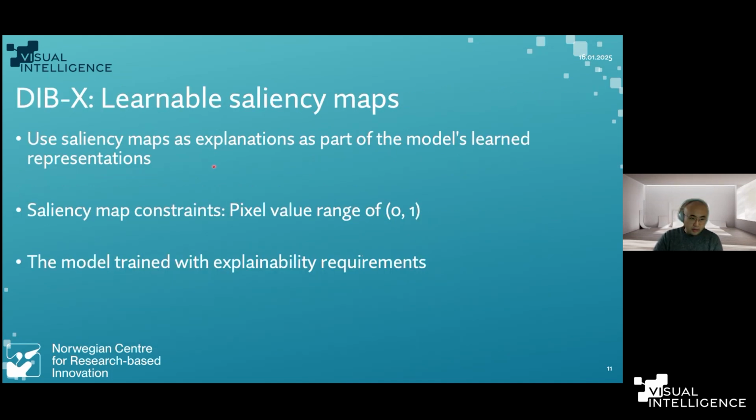Our method DIB-X aims to learn these saliency maps, the elements with explanations, as part of the model's learned representations. Please note that our learned saliency map has some constraints. For example, each pixel value in the saliency map has a range of 0 to 1. So 0 means no relevance, 1 means high relevance.